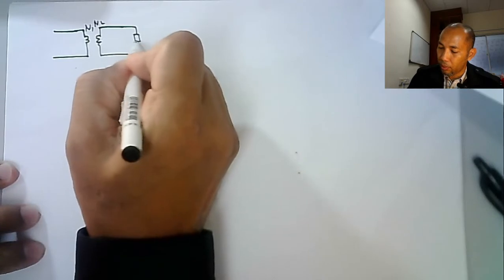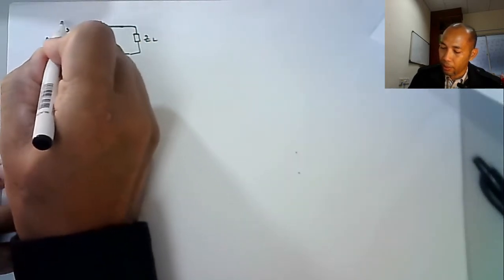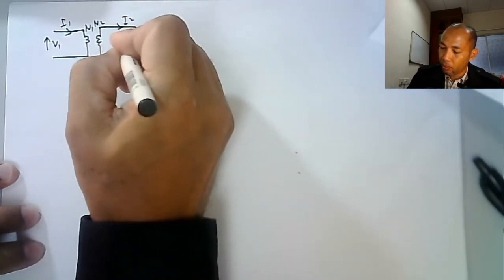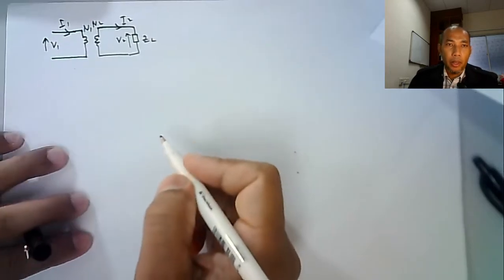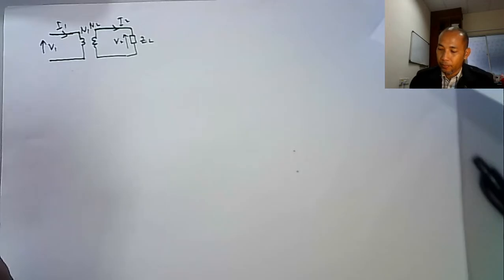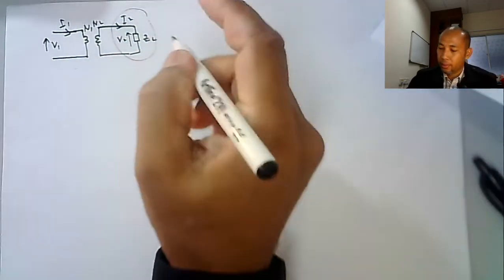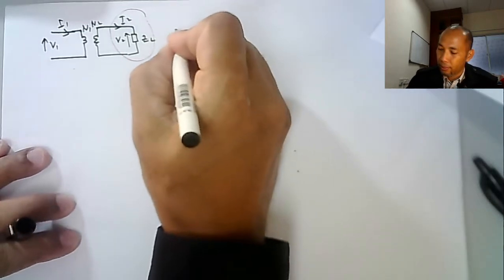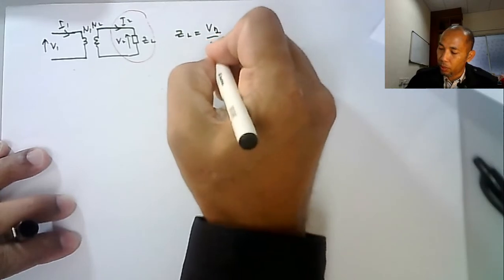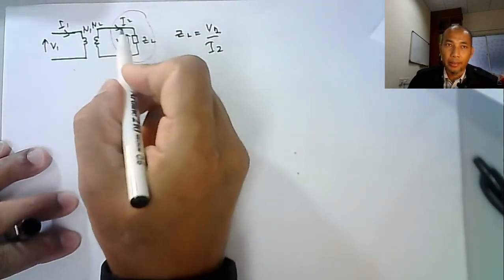This is our load ZL. This is Vin, I in, I2, V2. We know that ZL is equal to V2 over I2, this voltage divided by current.